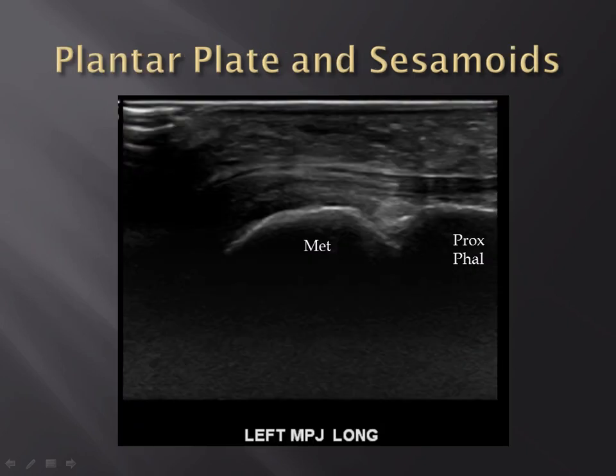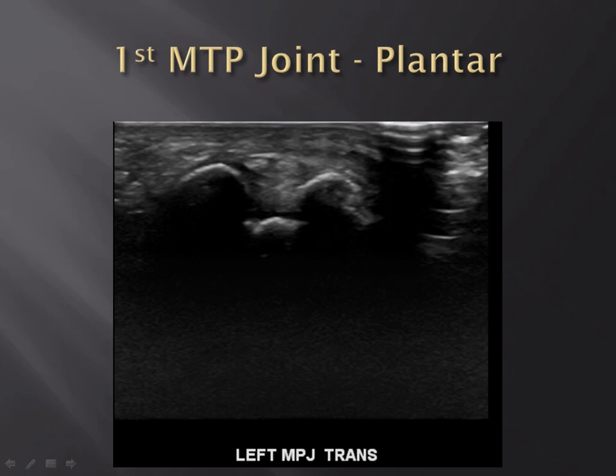So on ultrasound, this is an example of the flexor hallucis longus, metatarsal head, proximal phalanx, and this is the plantar plate, a slightly more echogenic structure deep to the FHL. On transverse view, imaging from the plantar aspect, so this is kind of the ball of the great toe.